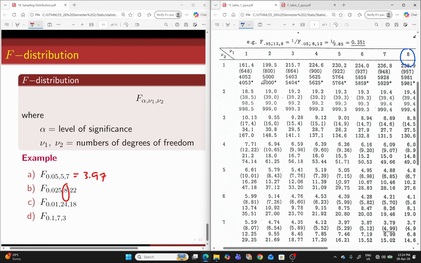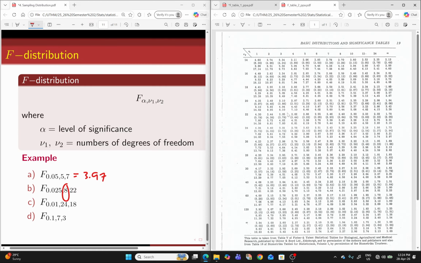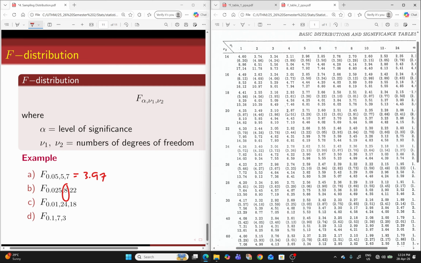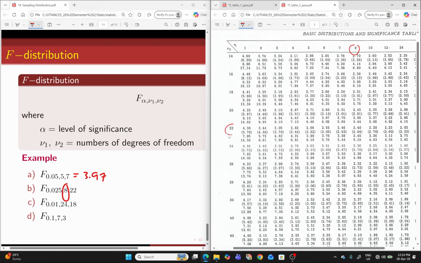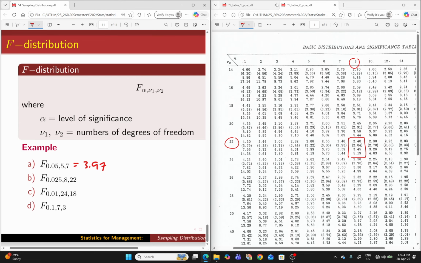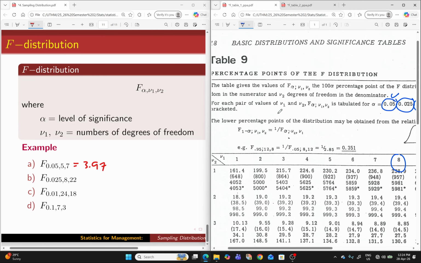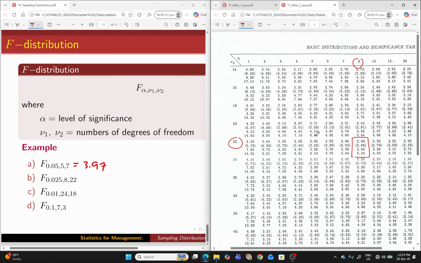Does the first page have 22? No. So you have to go for the next one. Here, continuation. So 8, 22. Your answer will be any one of the 4 numbers. This is 0.025. Which is 0.025, the second or third? Second. So take the second. That is 2.84.